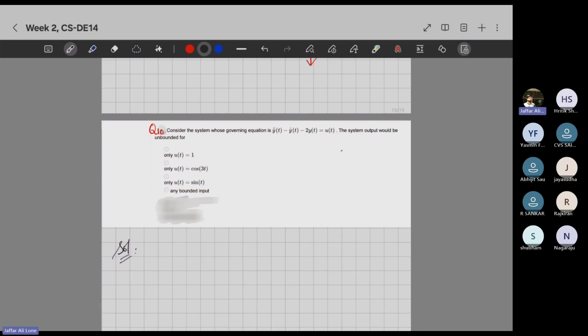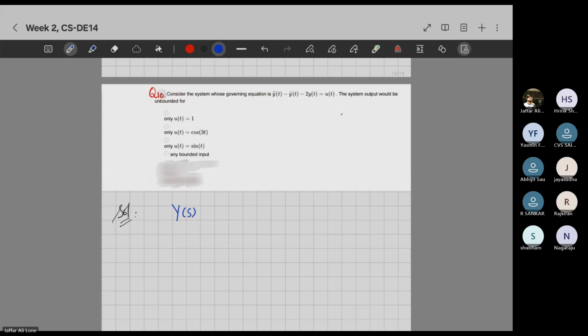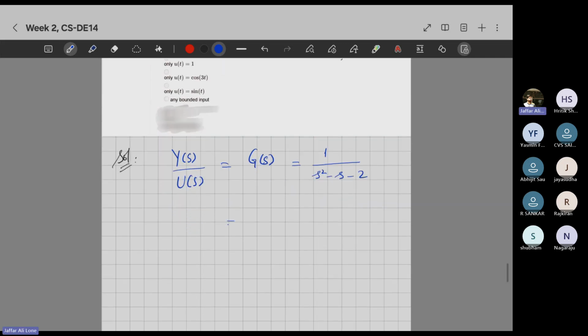I'll just make it simple for you guys. So I'll write y(s)/u(s) = g(s) = 1 divided by s squared minus s minus 2. If I simplify it a bit, it will be 1 divided by (s plus 1)(s minus 2).